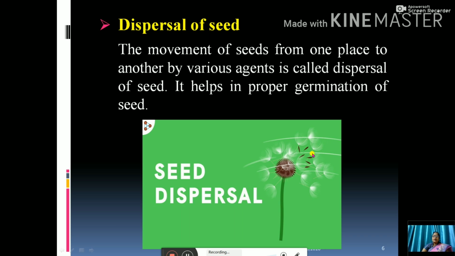And if favorable conditions are available for these seeds, they can grow and germinate into a new plant. So clear, my dear students, to all of you, what is dispersal of seed? All the things that I have given you in the form of definition, please note down and learn it.